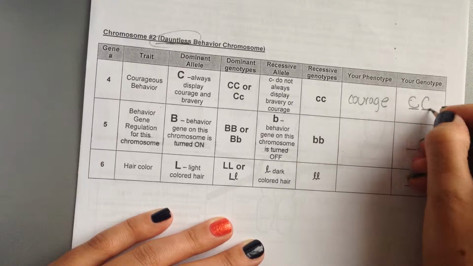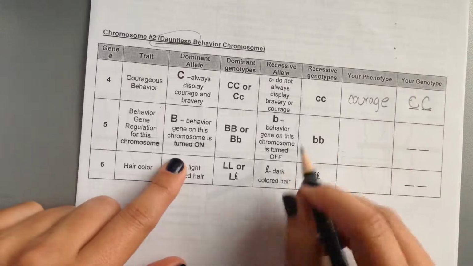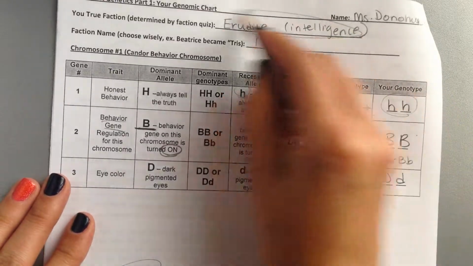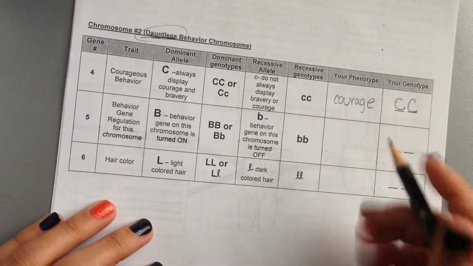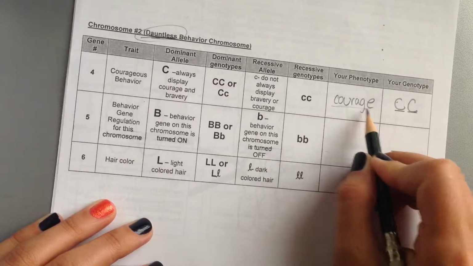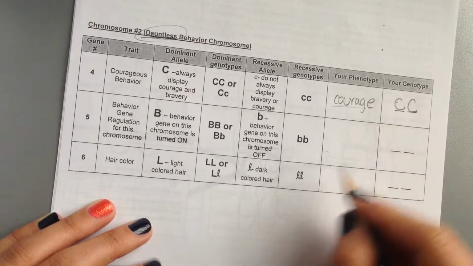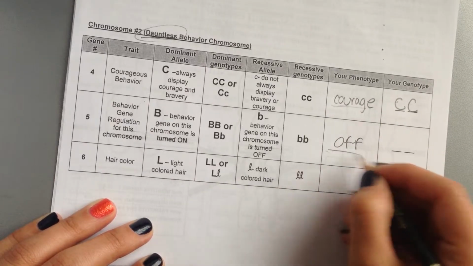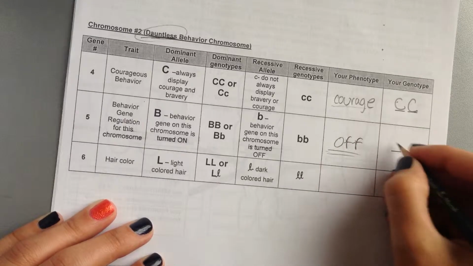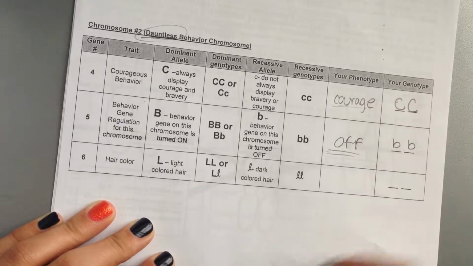In this case, I'm going to say big C. However, because I can only be, as determined up here, intelligent, because I belong to Erudite, that means this courageous behavior cannot be turned on. So I'm going to have this behavior regulator off. And if this is the case, that means I have to be little b, little b.